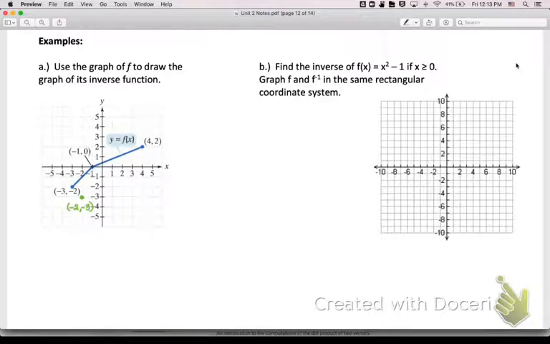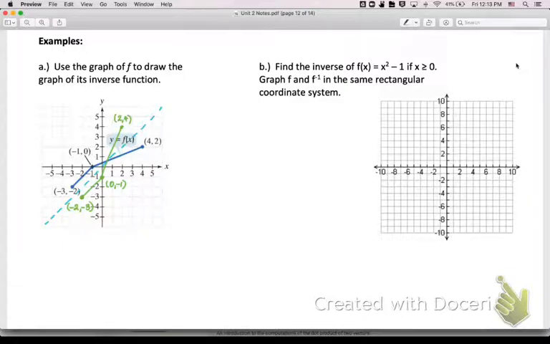This point is (-1, 0), so we want to switch it to (0, -1). And the last point is (4, 2), so we want to switch it to (2, 4). And so the graph looks like this. And you can see that it is a reflection over this diagonal line, y equals x. That's exactly what we expect to happen, okay?